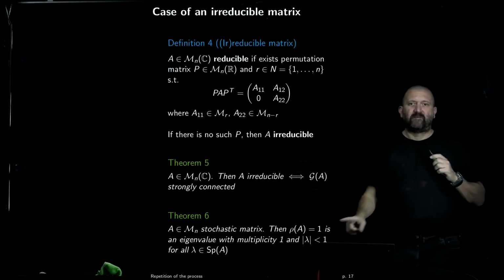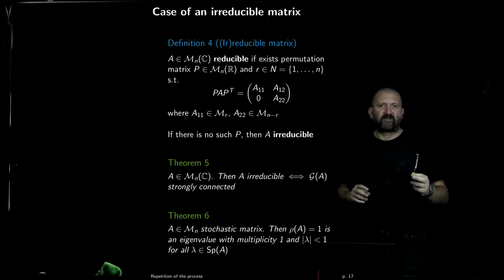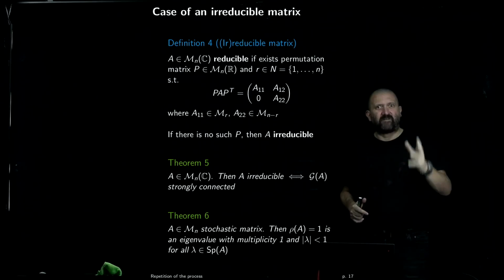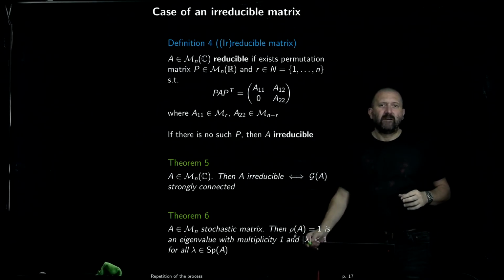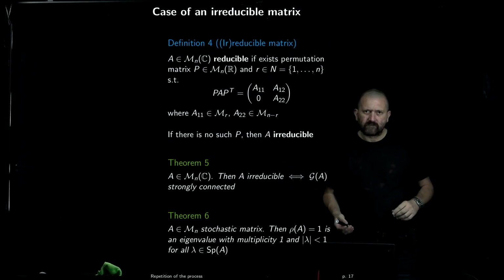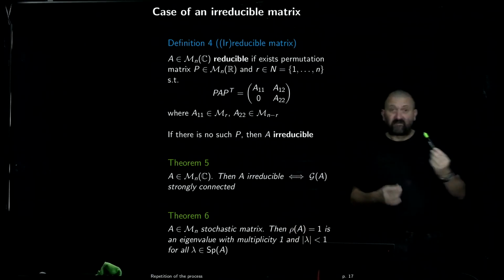And if we have a stochastic matrix, which has all its eigenvalues less than or equal to 1? Well, if we have irreducibility, then rho of A equals 1 is an eigenvalue, and it has multiplicity 1.